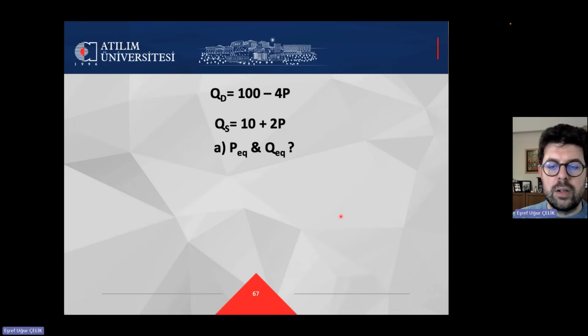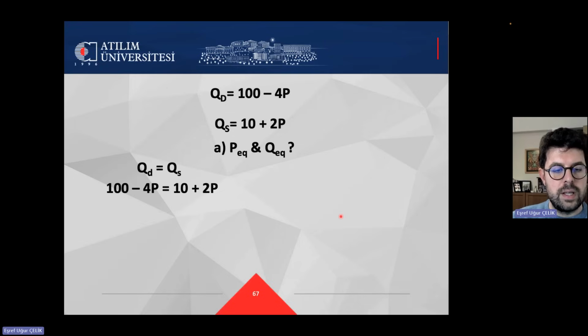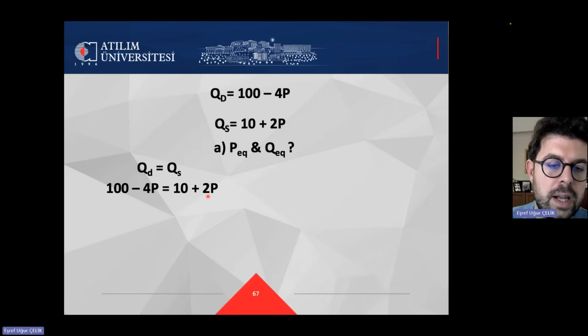Let's start with the equilibrium. What can I say? You remember the equilibrium condition: QD is equal to QS. Then you can write them together over here. That is the equation of QD, and that is the equation of QS. Let's put the numbers on one side and the variable on the other side.